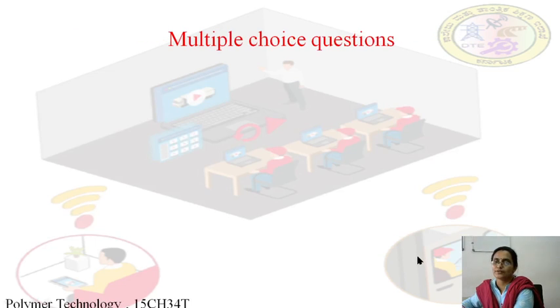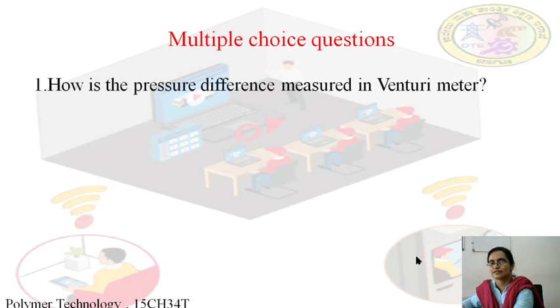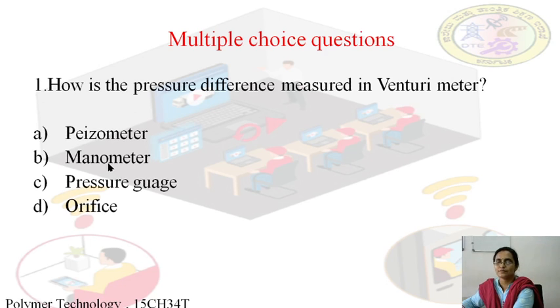So now coming to multiple choice questions. How is the pressure difference measured in a venturi meter? Using a piezometer, manometer, pressure gauge, or orifice. In this unit we learned about the manometer, or a pressure gauge can also be used for calculating the pressure differences.